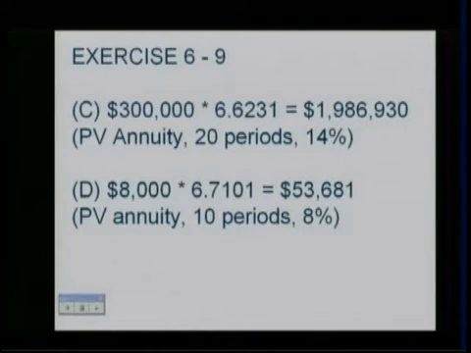You look across at the 8% column for 10 years, and you find a factor of 6.7101. You multiply that by your $8,000. So the total present value of that annuity is $53,681. So those are good practices on present value of single sums and annuities.